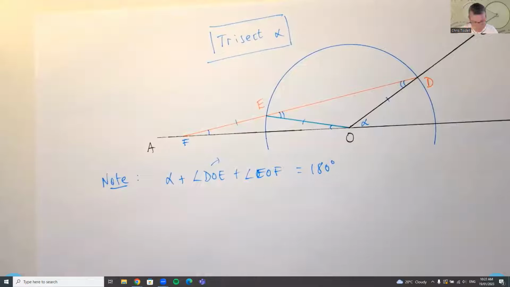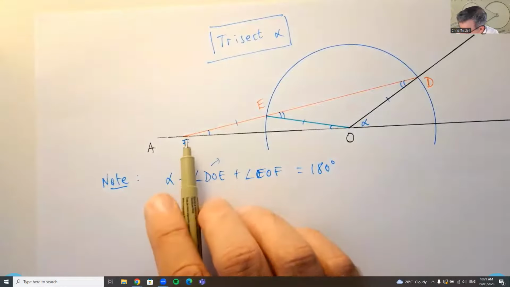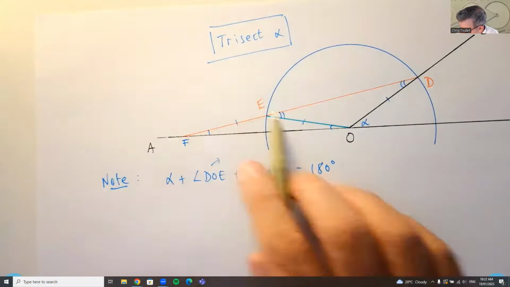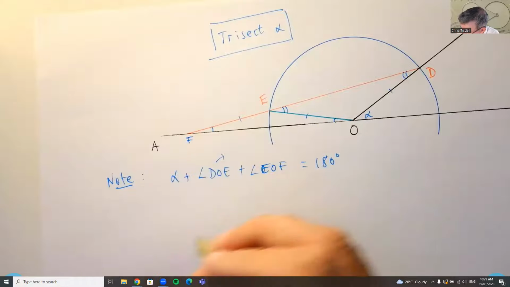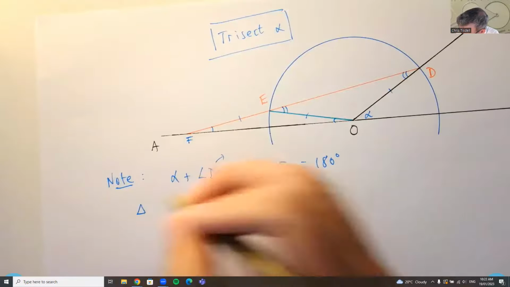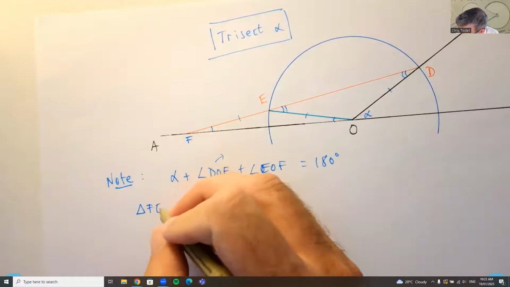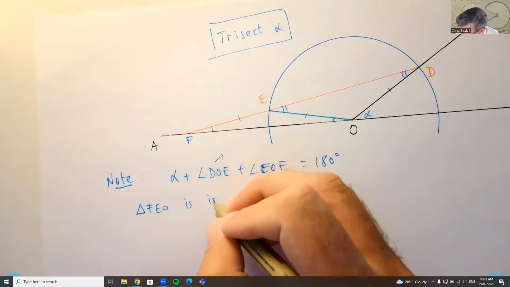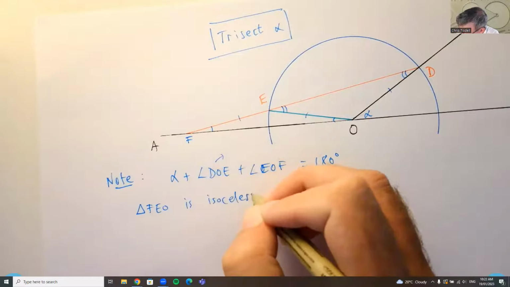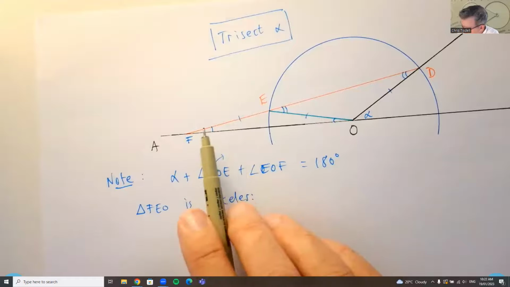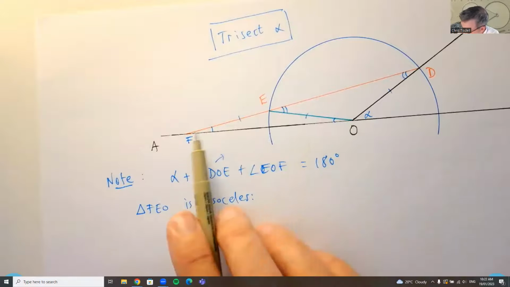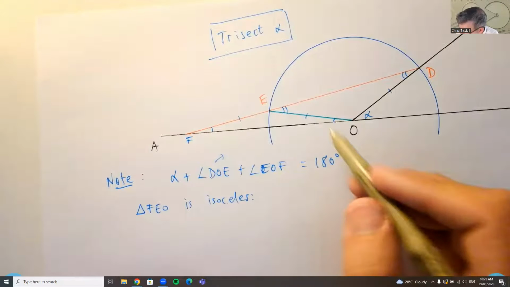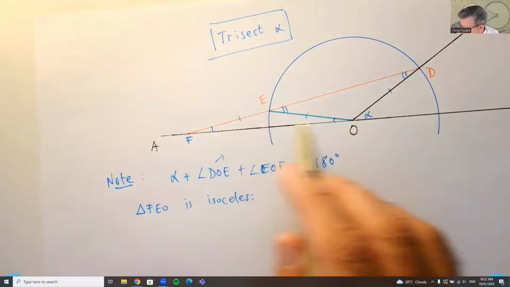Okay, so how do we do it? Well, we know that this triangle FEO is isosceles. So by the sum of angles, this angle plus this angle plus that angle equals 180.